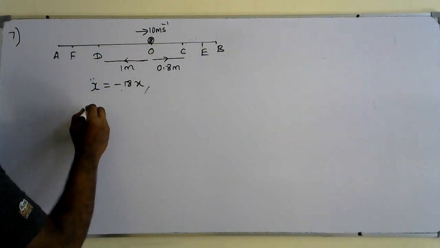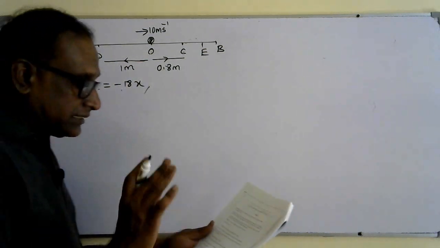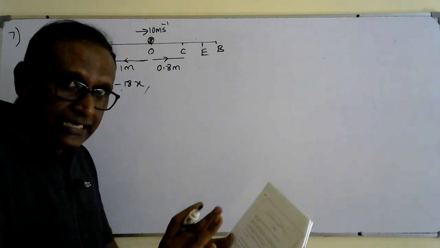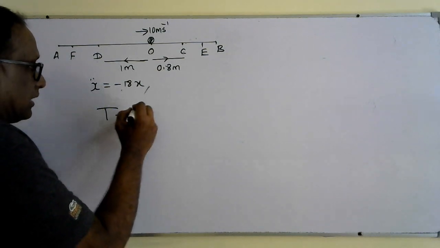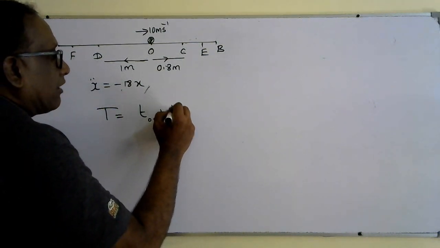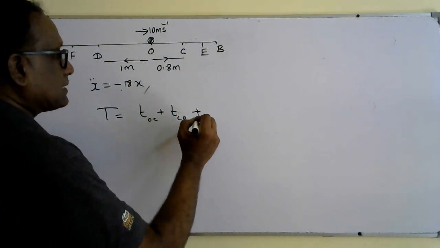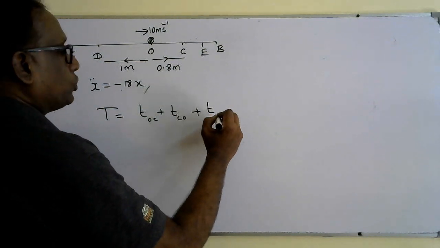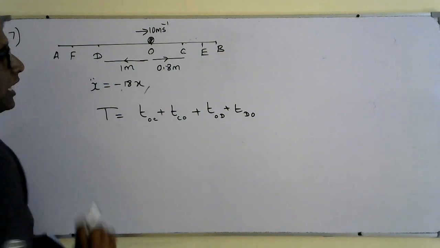So we need to find the time taken during one oscillation. During one oscillation, that is given T, such that the string is under tension. So T is equal to the time to travel from O to C plus the time from C to O, beyond C we are not considering, plus the time taken to travel from O to D plus the time taken to travel from D to O. Beyond that we are not going to consider.